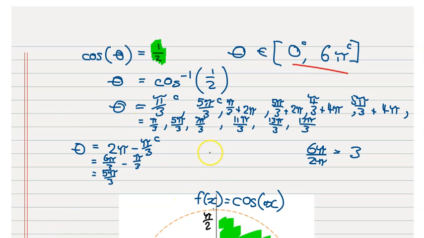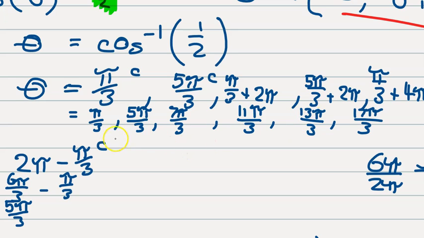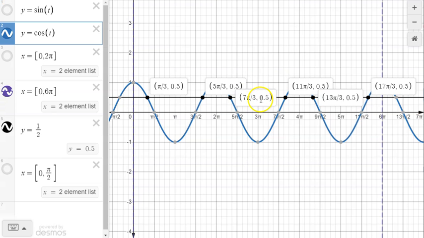So using our fractional arithmetic, if we evaluate all of these fractions up here, these are the values we get. So pi over 3, 5 pi over 3, 7 pi over 3, 11 pi over 3, 13 pi over 3, and 17 pi over 3. And to confirm that these values are correct, let's go back to Desmos, and we can see pi over 3, 5 pi over 3, and so on all the way up to 17 pi over 3.